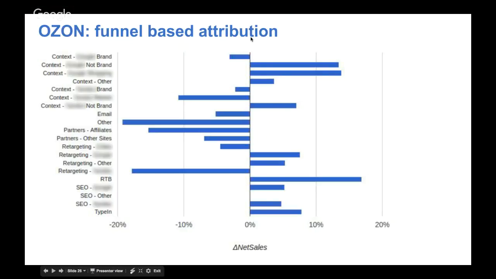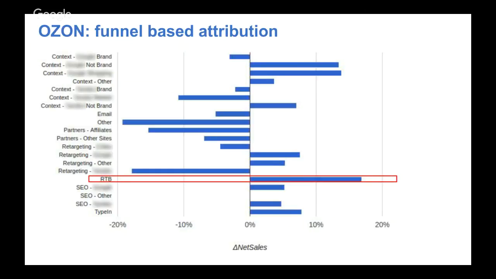So the 0% is where we were while using the last click approach, and all the channels with the pillar above 0 are the campaigns which were underestimated, and they are actually worth more with the funnel-based approach, because we define the real role in the process and we allocate according to the data-driven approach. And all channels that are under 0 were overestimated, so they are actually worth less than we thought.